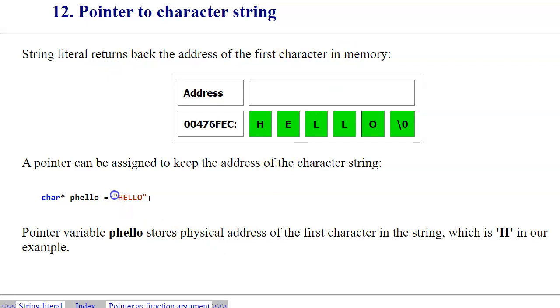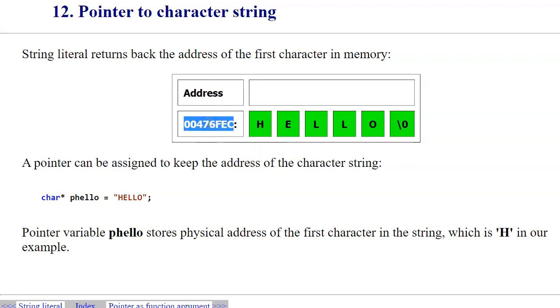Basically what happens here is this hello string, step number one, allocates space for characters and appends the 0 character. So notice that hello contains 5 characters, and the 6th character is also allocated to accommodate the 0 terminating character. And it returns the address of the first character of this string.